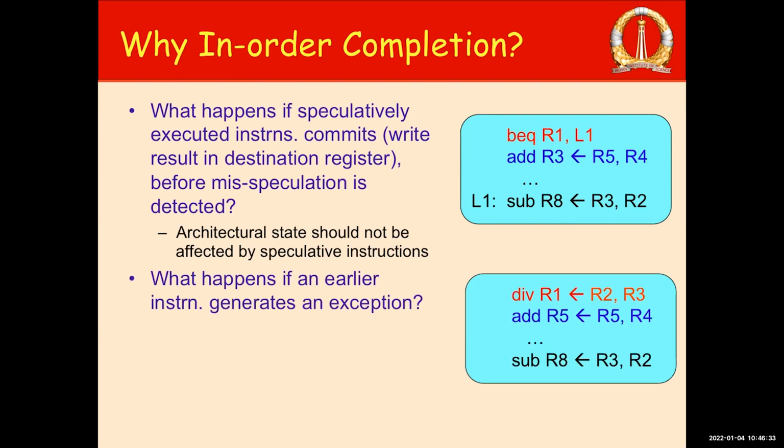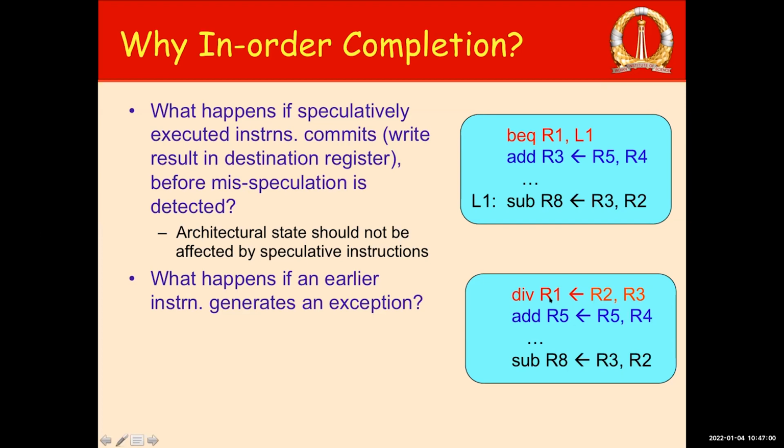Another reason might be that certain instructions might raise exceptions. When an exception is raised, first the exception is handled, then the instruction which raised the exception will be re-executed, and all subsequent instructions have to be executed one after the other. So for example, let us say that this add instruction has completed its execution.